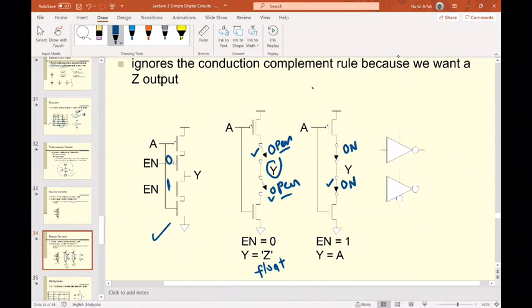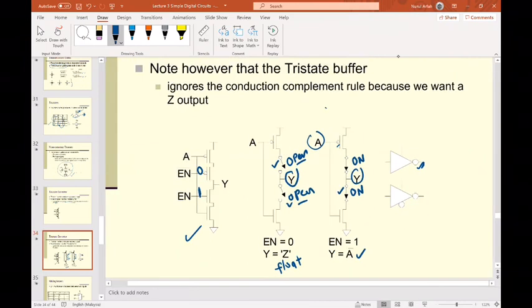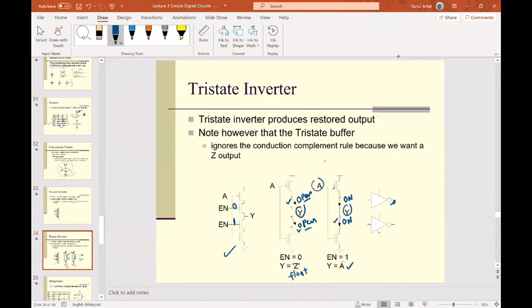And then the Y here will follow the A negate. Why negate? Because you have the A result here, but it will negate this, since this is a tri-state inverter. The inverter is this part.